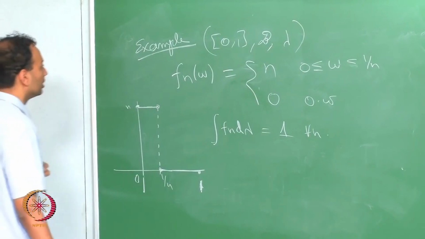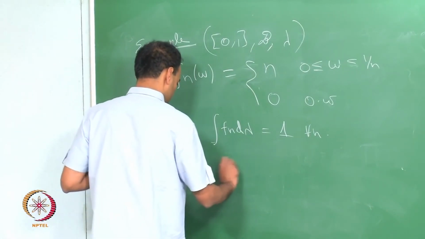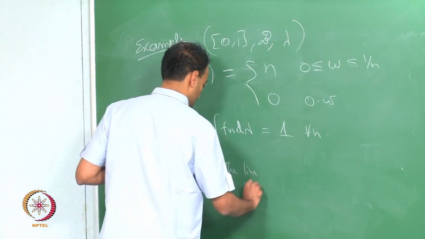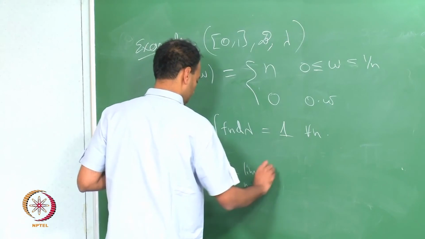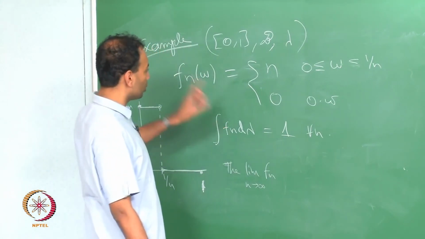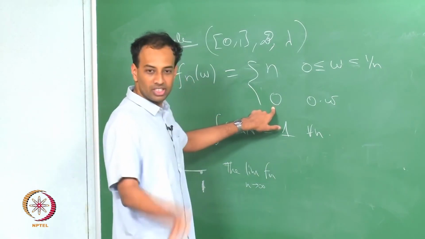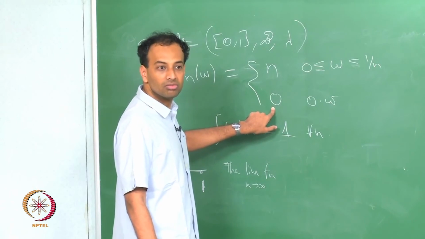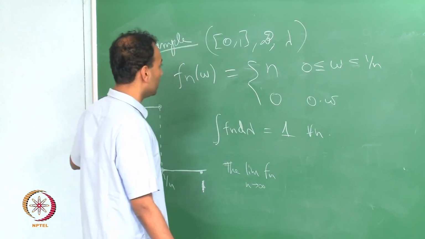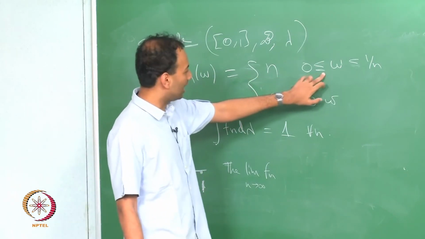On the other hand, if you look at the limit function of f_n, for all omega that is strictly bigger than 0, the limit function will be 0, correct. At 0 the function will be plus infinity, actually, because I have put a less than or equal to here.